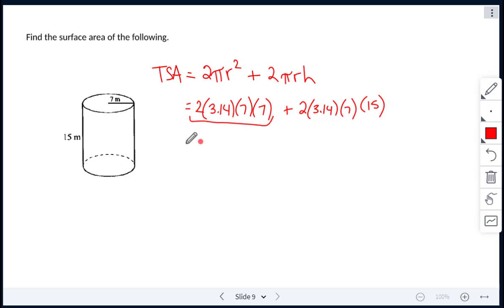All right, multiplying this out, I get 307.72. Then multiply this out. It gives me 659.4. Okay, and lastly, we can add. That gives me 967.12, and it's in meters squared.